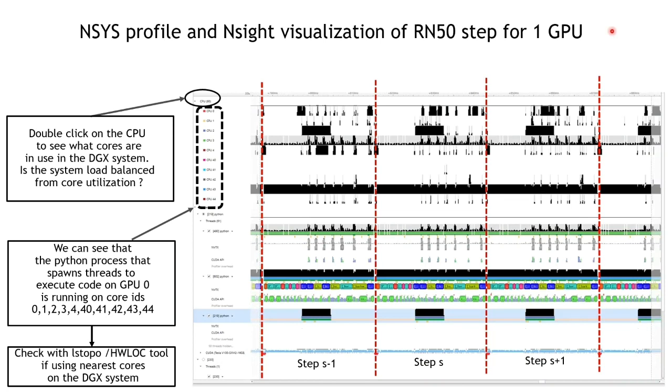We can load the profile file created with NSYS into nSight and expand the view of nSight to look at what CPU cores are involved in the execution that is tied with the profile of GPU 0. Since NSYS is a system-wide profiler, if any process and its threads are running outside the prescribed range, we would spot it in the visualization tool easily.